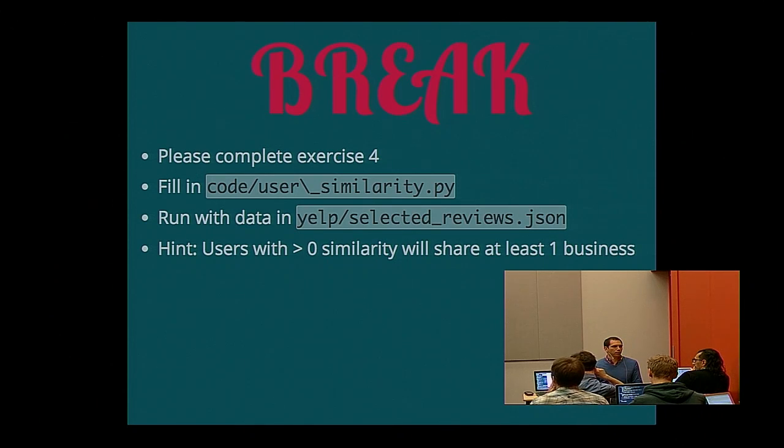So if there's a way that we can distribute the users so that we're not looking at user pairs that have not reviewed the same business, then we can reduce the number that we're comparing. Although inherently it's an order n squared problem, we might be able to reduce the actual complexity.